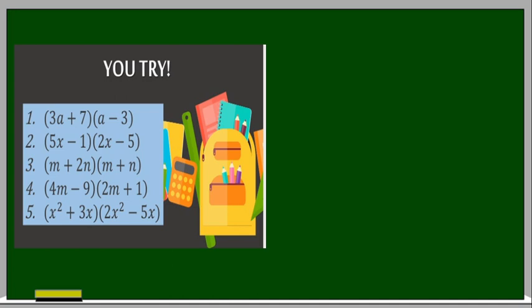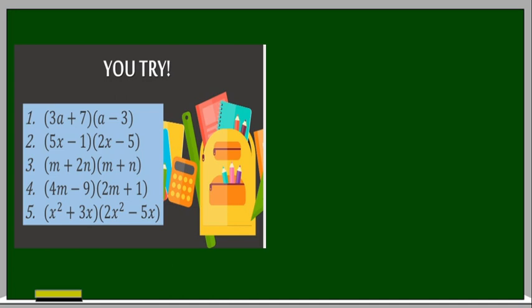We can compute that orally using the FOIL method. The product of F is 3a times a, so we have 3a squared. Outer is positive 3a times negative 3, that is negative 9a. The product of I is 7 times a, so we have 7a.